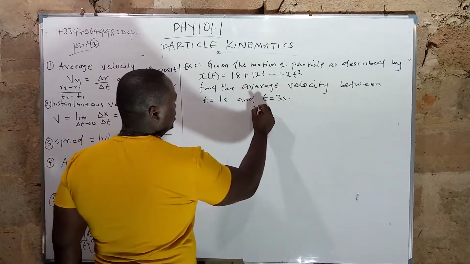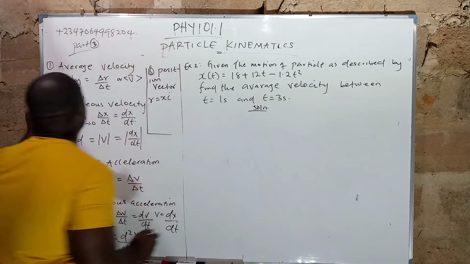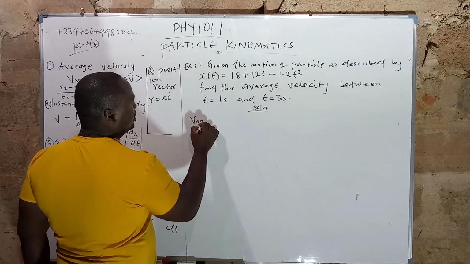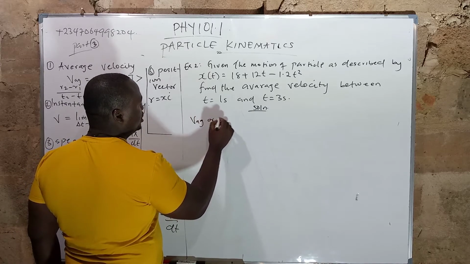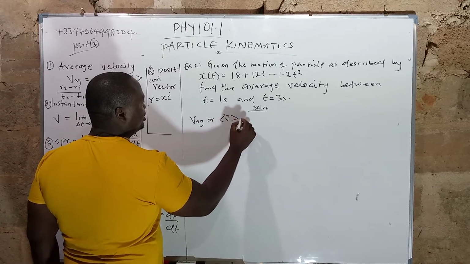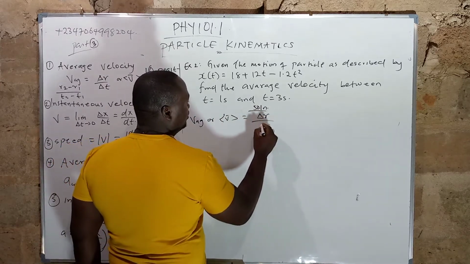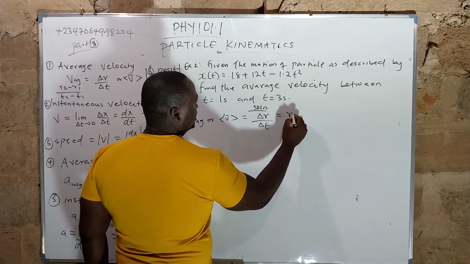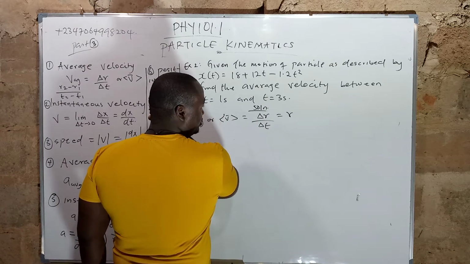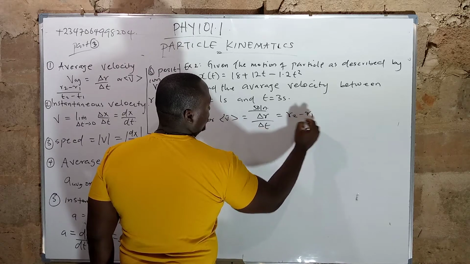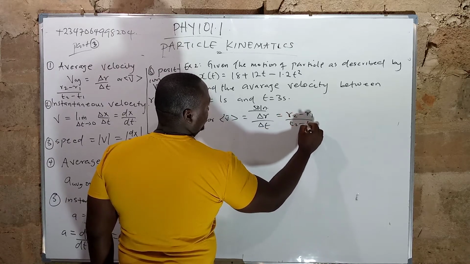Now, of course, it's still at the board. The formula for average velocity, v average, is still the same thing: change in displacement all over change in time, which is r2 minus r1 over t2 minus t1.